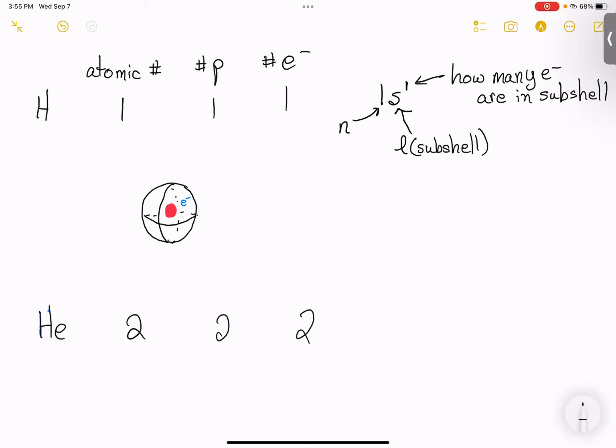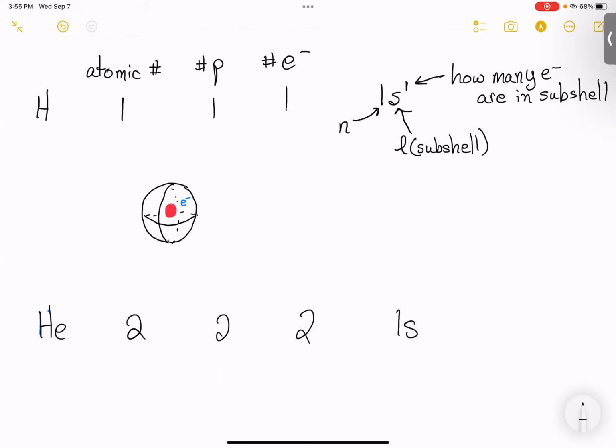Reading your periodic table, it's in the first period. So our principal quantum number is 1. It's in a 1s. And helium is 1, 2, the second element.